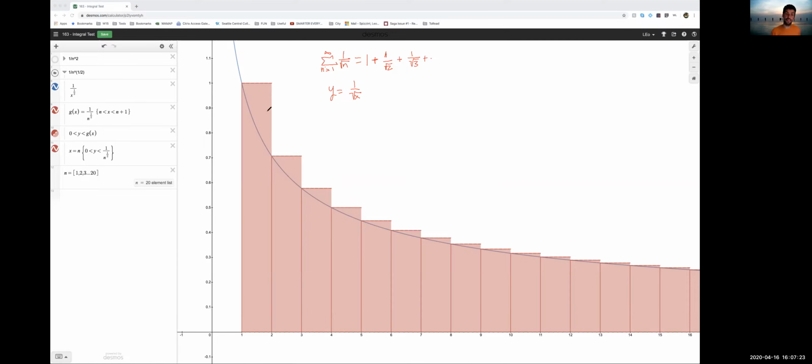And we noticed that the area, if we looked at the integral, here, let me write this, my series has to be greater than or equal to the integral from 1 to infinity of 1 over the square root of x dx, right? That's what this picture is showing us. The areas of these rectangles are above this graph.